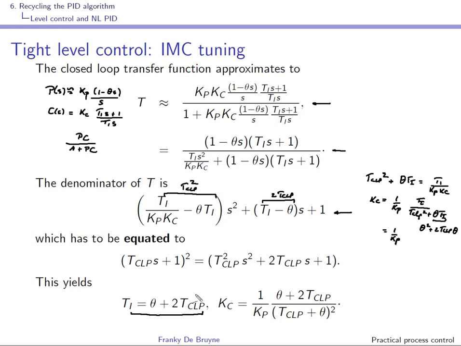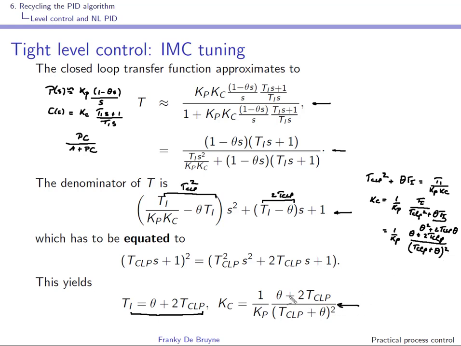Ti you can replace by this one, theta plus 2 TCLP. And the denominator, as we had said, is (TCLP plus theta) squared. So TCLP squared plus theta squared plus the double product. And this is indeed what we see over here.